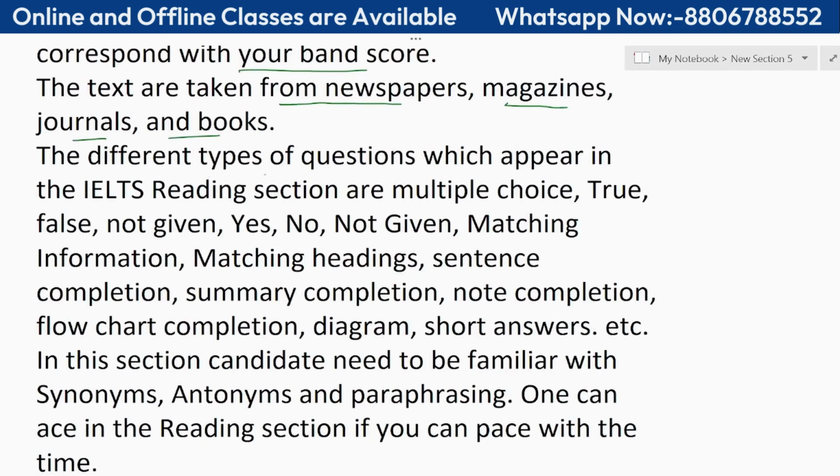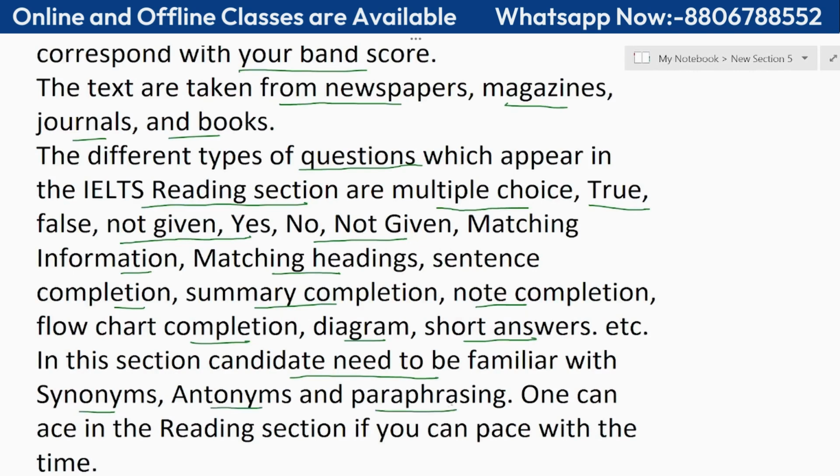Now, the different types of questions which appear in the IELTS reading section are as follows. For example, multiple choice, true, false, or not given, yes, no, not given, matching information, matching headings, sentence completion, summary completion, note completion, flowchart completion, diagram, short answers, etc. In this section, candidates need to be familiar with synonyms, antonyms and paraphrasing.